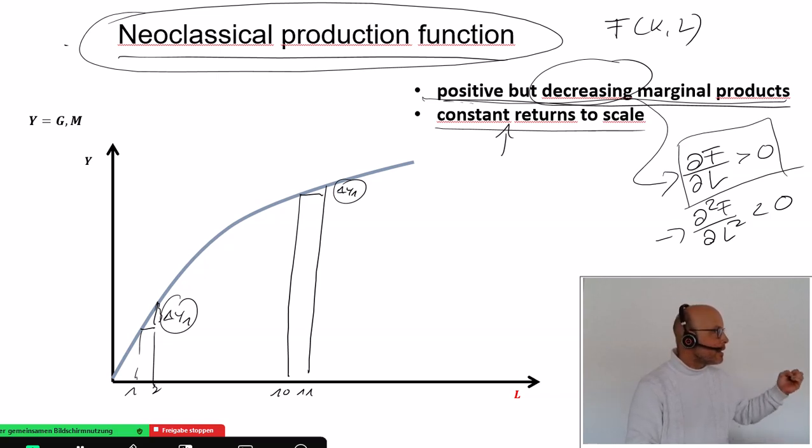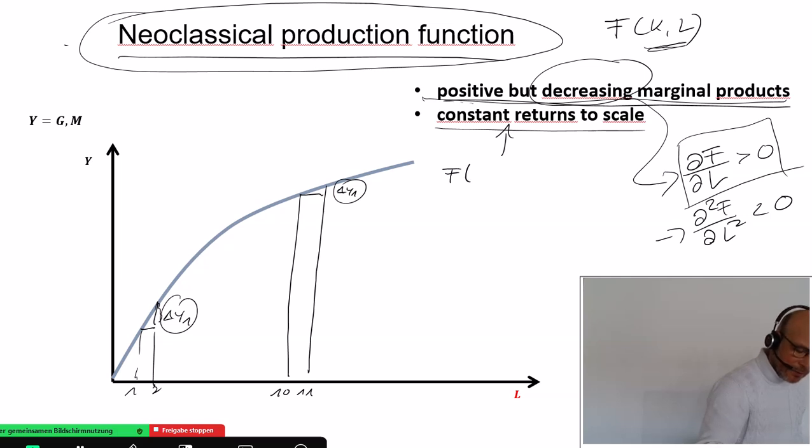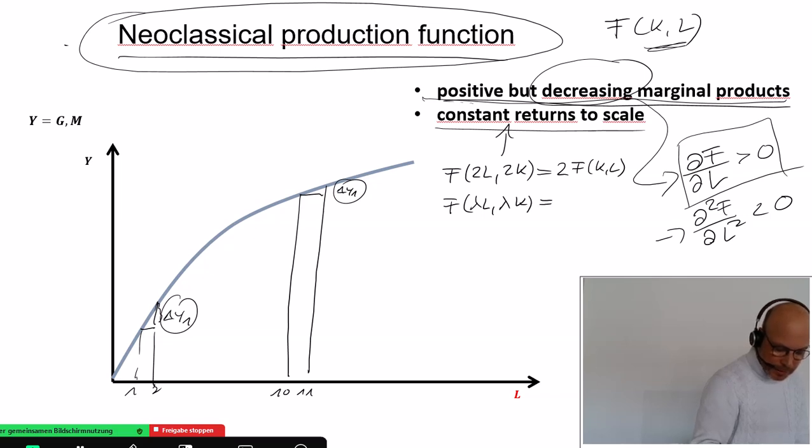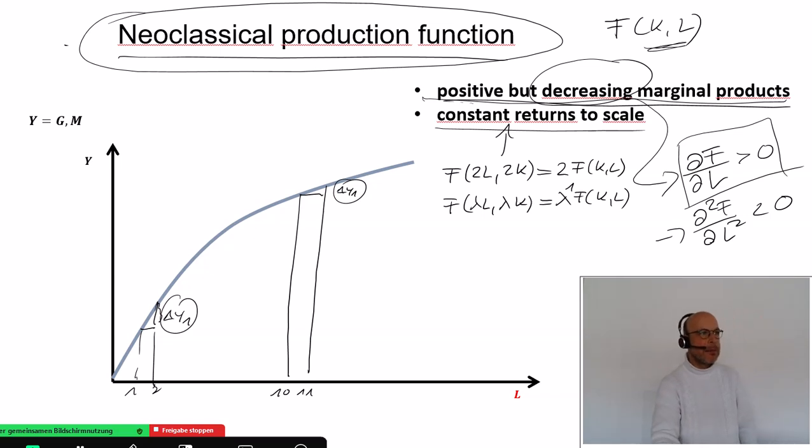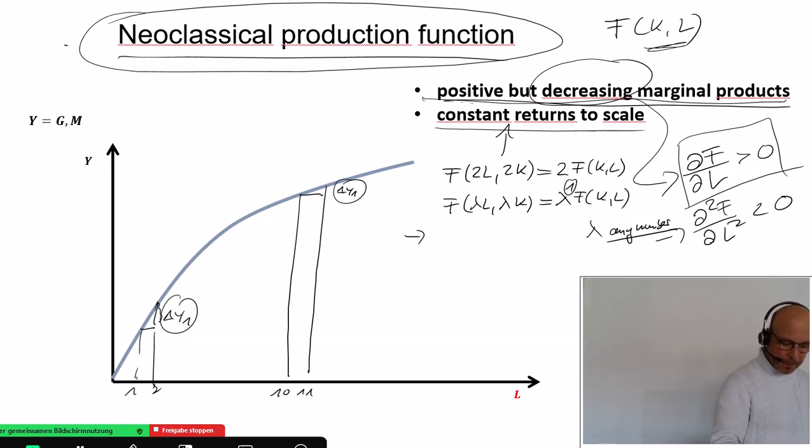Doubling input, in this case when we have two production factors, means not only doubling L, but also in parallel doubling K. So this means that F of 2 times L, 2 times K equals 2 times F of KL, or in general F of lambda L, lambda K equals lambda F of KL. Just the number lambda, any number.